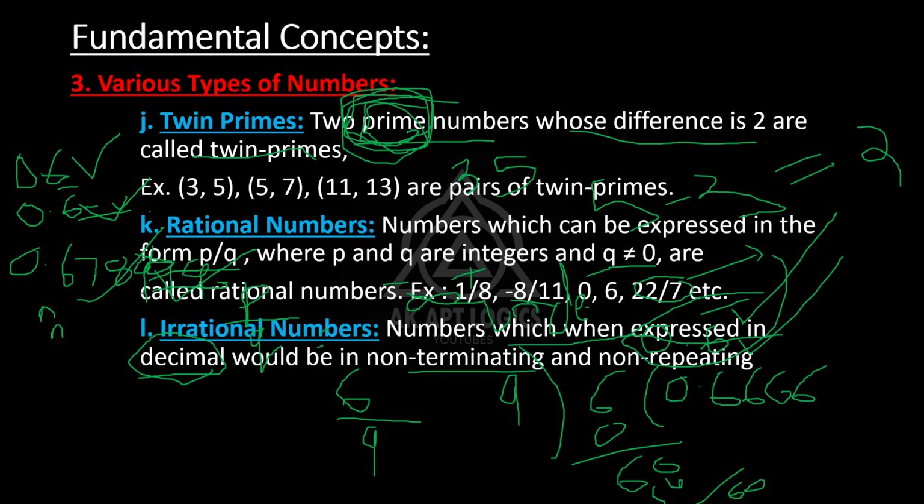Non-repeating in the sense that no particular digit is getting repeated, as we have seen in the second case, 0.6 bar. In the second case, 0.6 bar, the number is non-terminating because it's not ending, right? 6 bar means 6 is getting repeated till infinity. But it is repeating, right? It's not non-repeating, because 6 is getting repeated up to infinity.